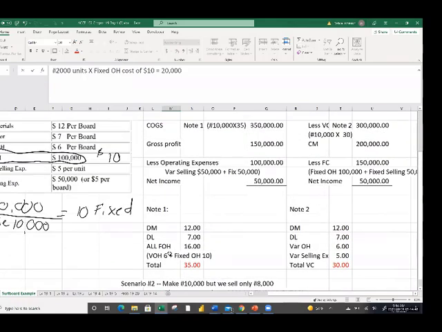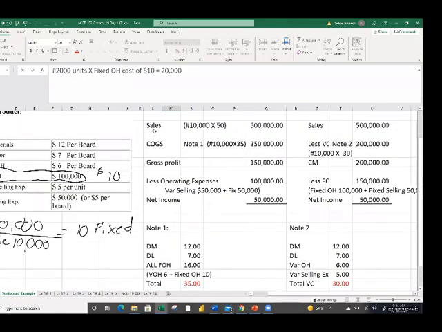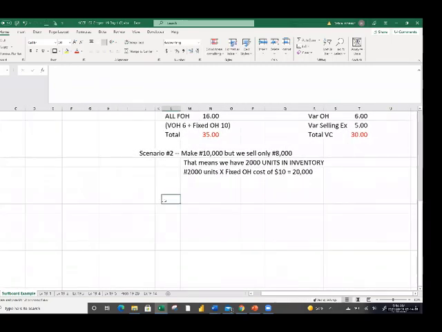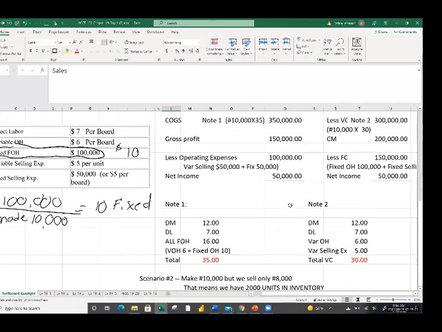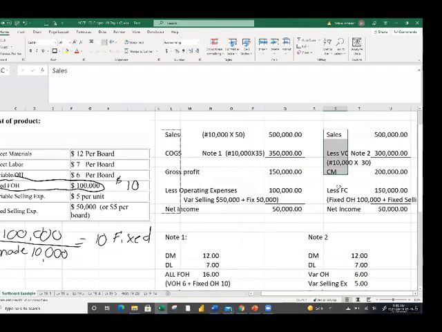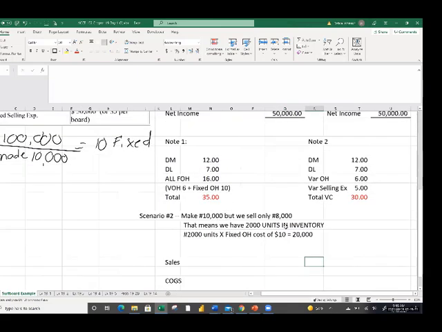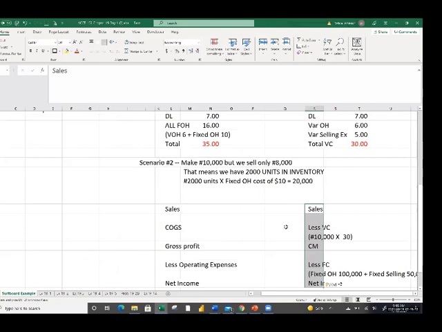So in the interest of time, let me just copy down the same format that we used right down here. And here will be our first scenario. And I'm going to do the same thing with the contribution margin. All I'm doing is, in the interest of time, just going through here and listing the same format.